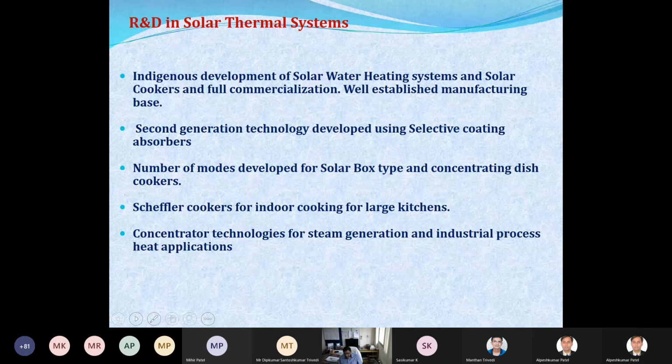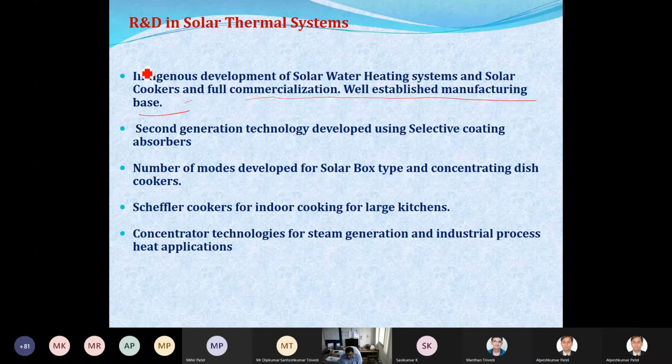So R&D in solar thermal, which I have already talked about while discussing the various types of devices, but here also, some R&D solar thermal systems are the indigenous development of solar water heating systems and solar cookers, with full commercialization and a well-established manufacturing base.